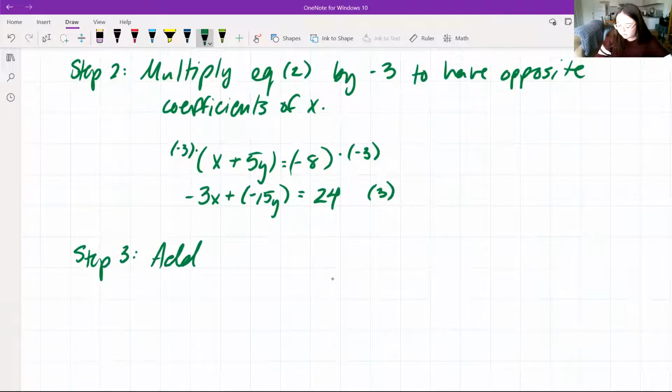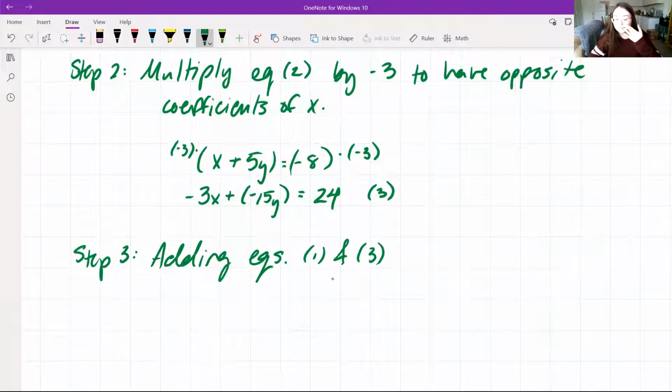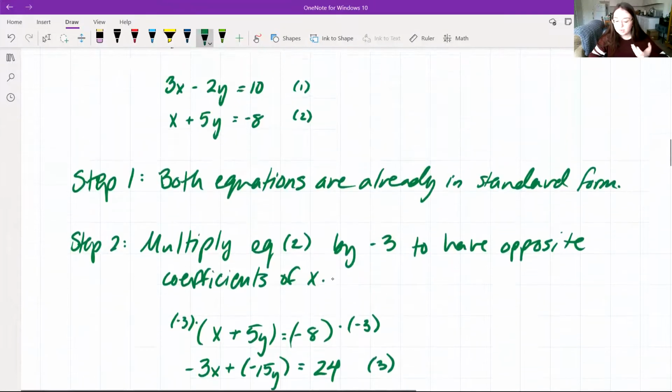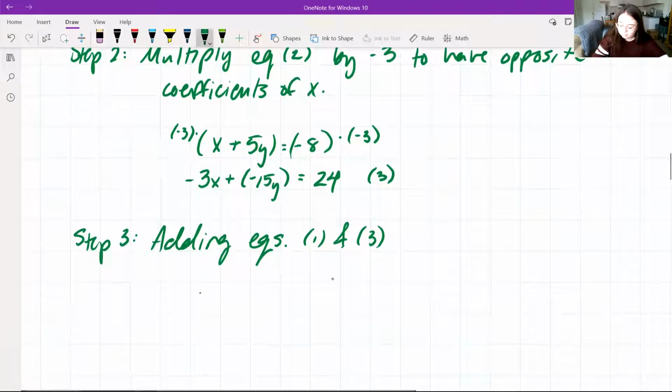We'll be adding equations 1 and 3. So equation 1 was our 3x minus 2y is equal to 10.